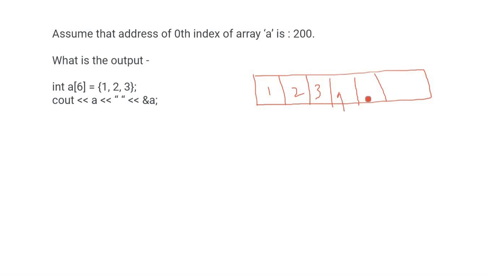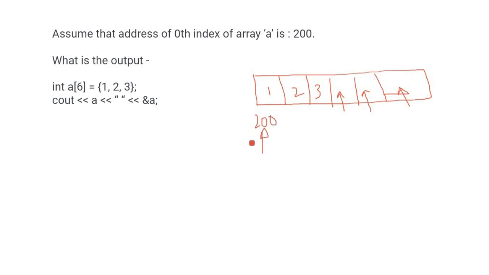So it is an array with 6 integers. Now the 0th index of array A is at address 200, so this is at address 200.